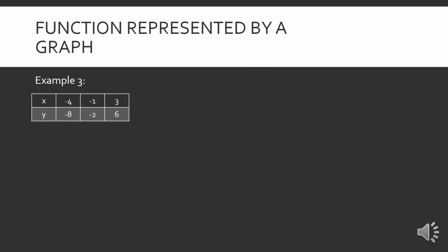Example number 3. Let's have again our Cartesian coordinate plane. First point, negative 4, negative 8. Second point, negative 1, negative 2.